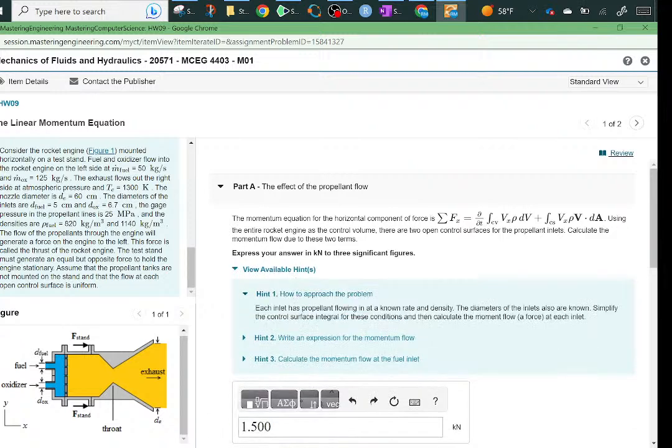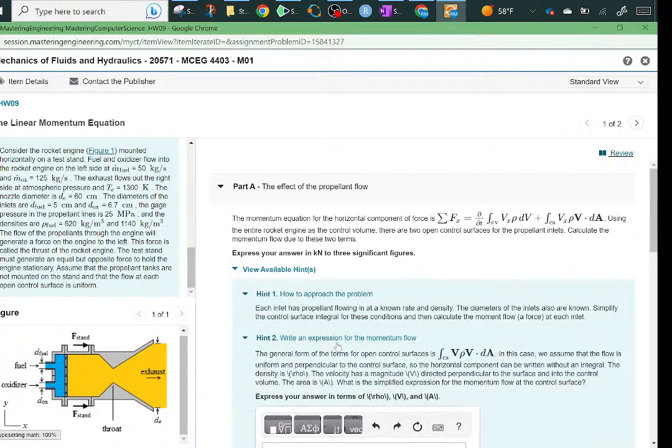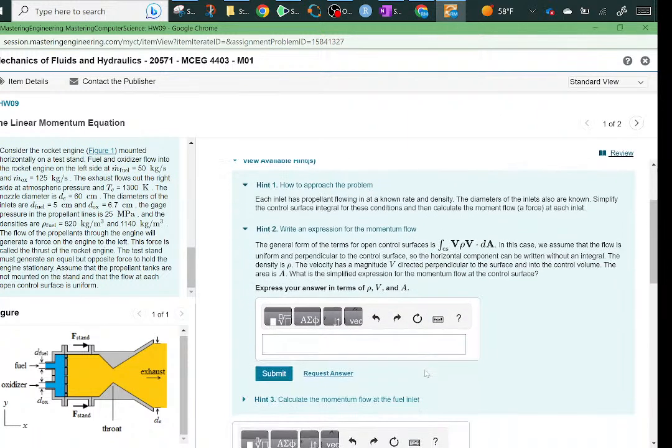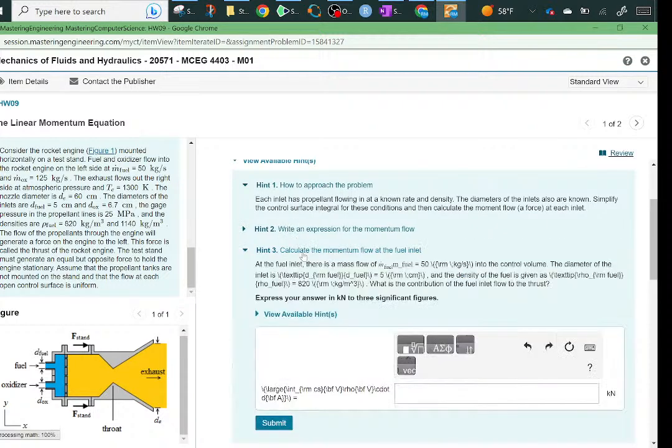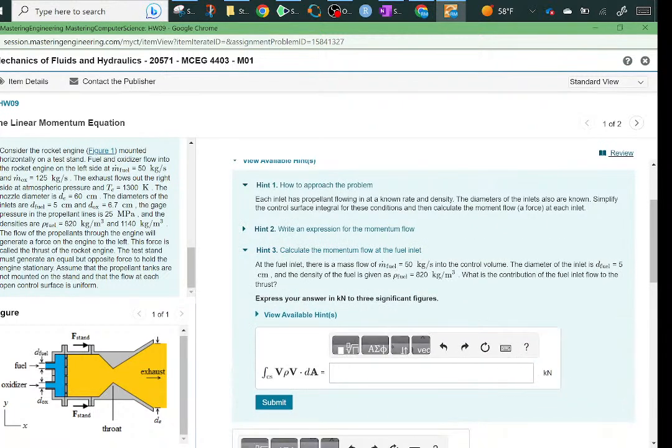How to approach it: you've got to do density and inlet, simplify the control volume for momentum flow. You got that term. Oh, I thought it said there were 3 hints. Yeah, so it's 50. Uh-oh. Wait. Okay.